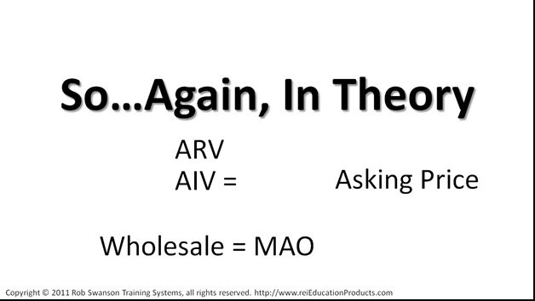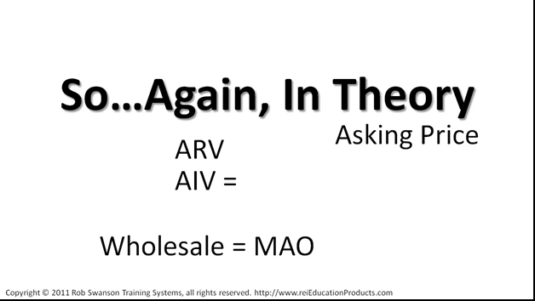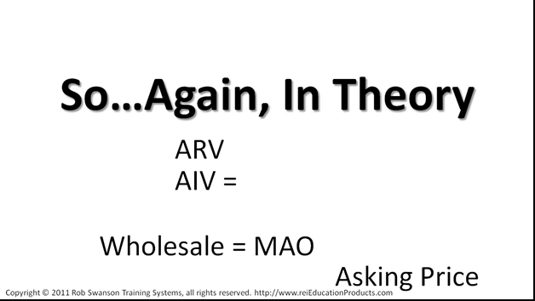Now, in theory, the as-is value should equal the asking price, but many times what you'll see is the asking price is actually listed much too high. In fact, I've seen asking prices on properties that are not in perfect fixed up condition listed higher than the after repaired value, and at the same time I've seen asking prices listed significantly below the wholesale price.